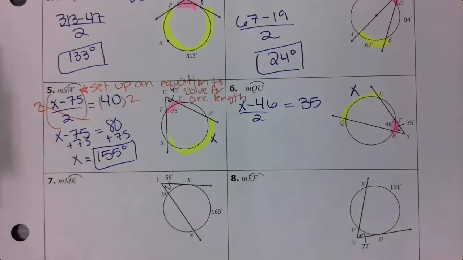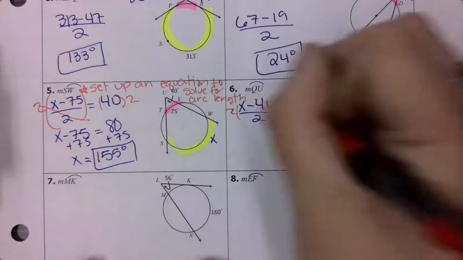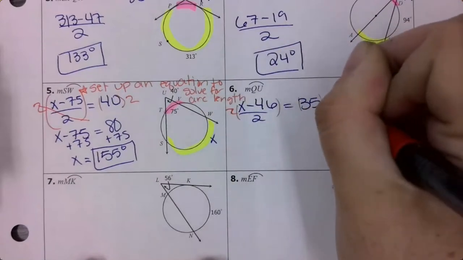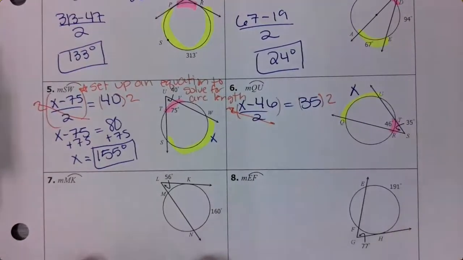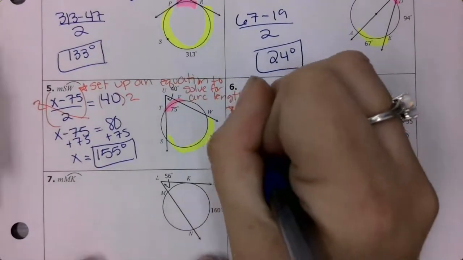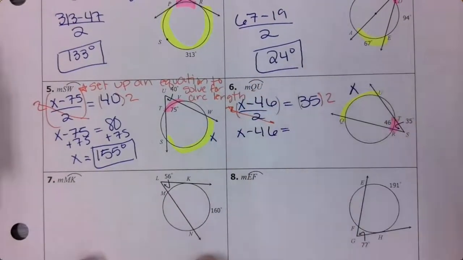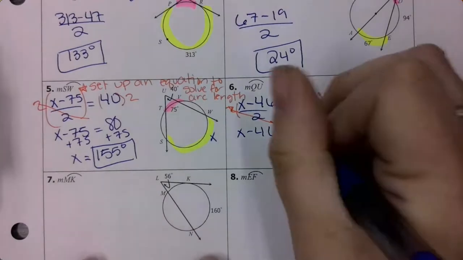Then I want to get rid of that 2 on the bottom, so I'm going to multiply both sides by 2. On the left side, the 2's cancel out, and I'm left with x minus 46. On the right side, 35 times 2 is 70.